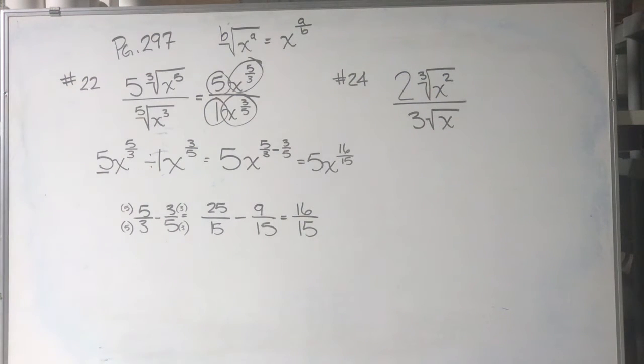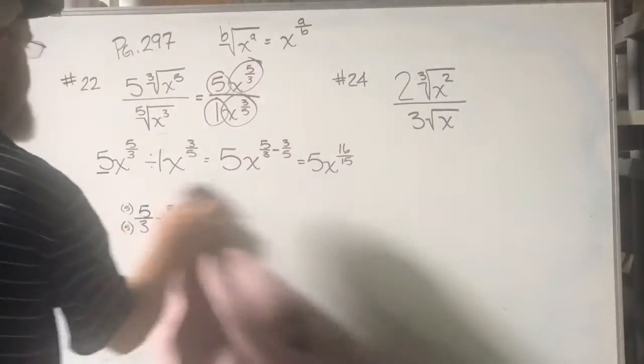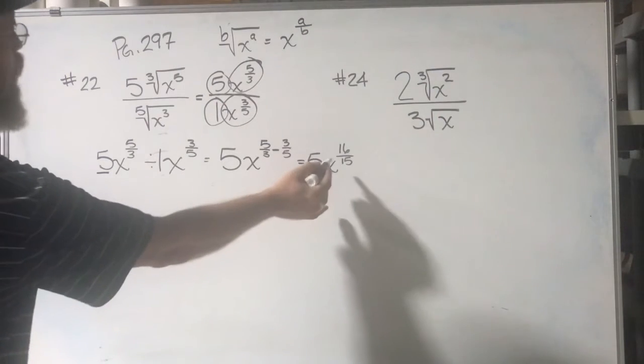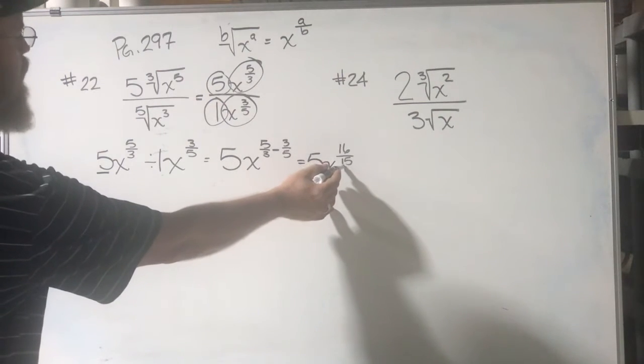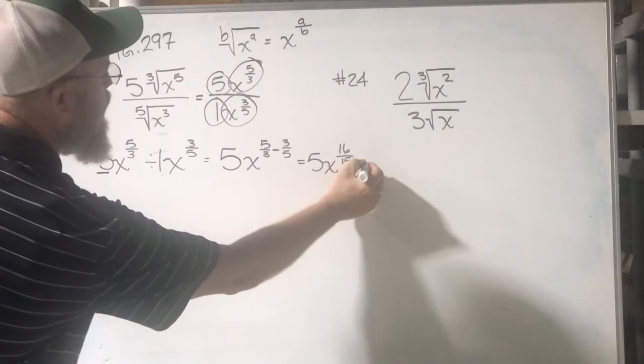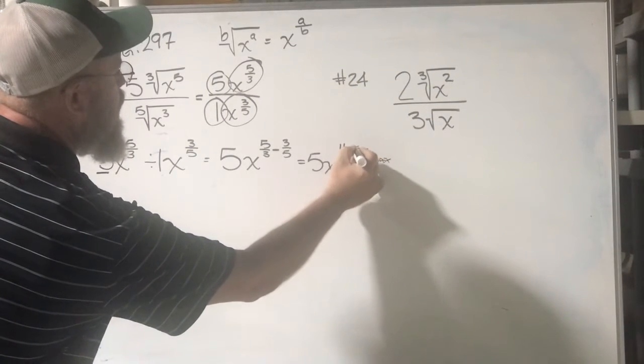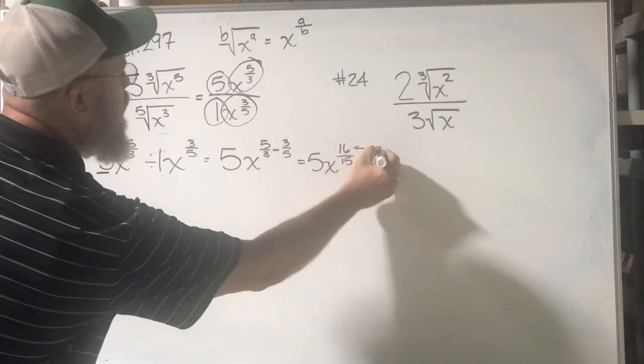Okay? Now we have to rationalize this. All right? So the way we do that, remember, we're now going to work backwards, right? So this guy right here is our index, and this right here is going to be our exponent.